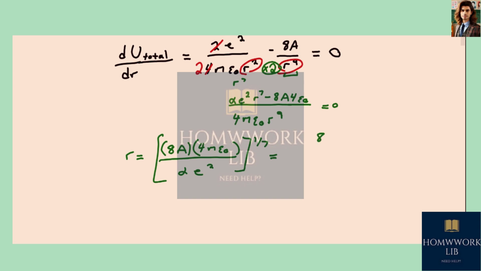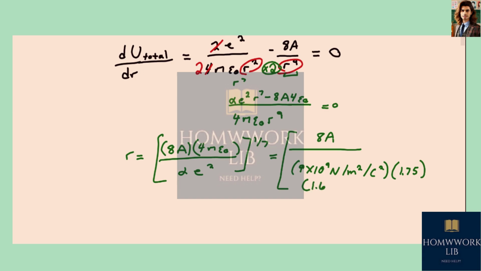And we're going to substitute values here. So we have 8a. And here we have 9 times 10 to the 9th N m squared divided by C squared, times 1.75, and also times 1.6 times 10 to the negative 19 C, the whole thing squared.